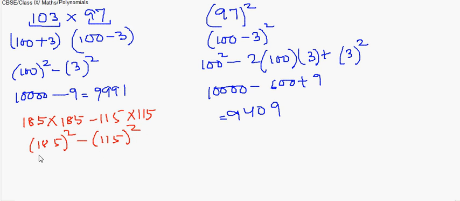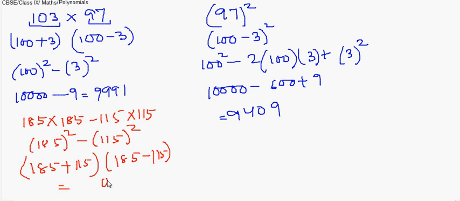So this is 185 plus 115 and 185 minus 115. So this will give you 300, and this is giving us 70. So it is 3 7 21. See how it makes our task so much easier. Otherwise we would have multiplied and then subtracted.